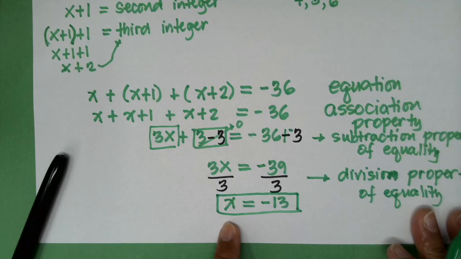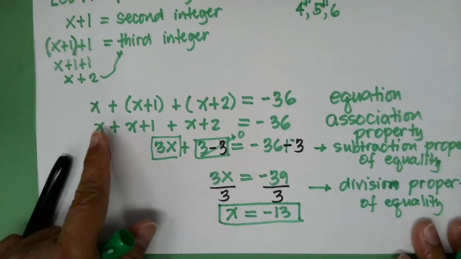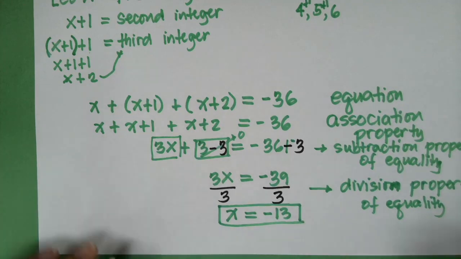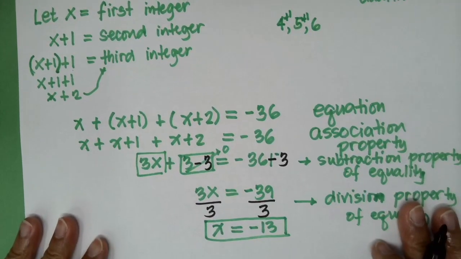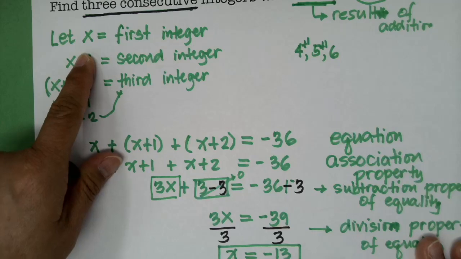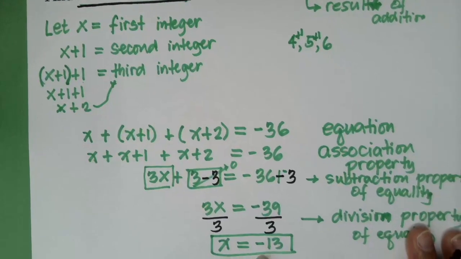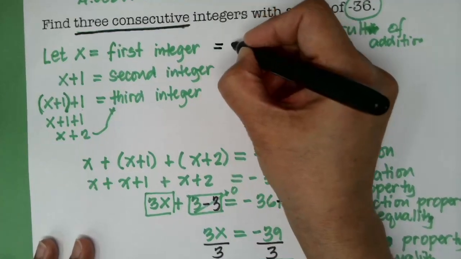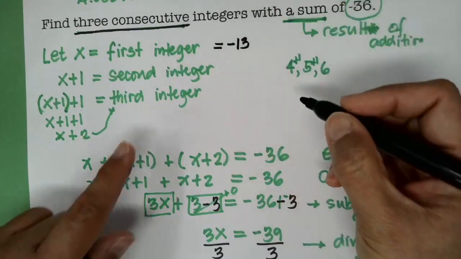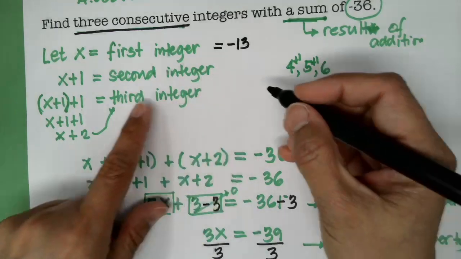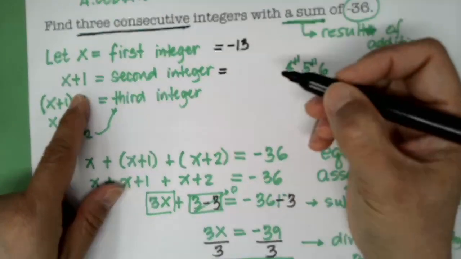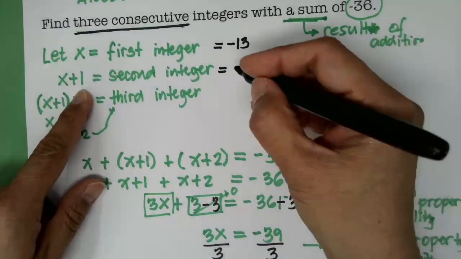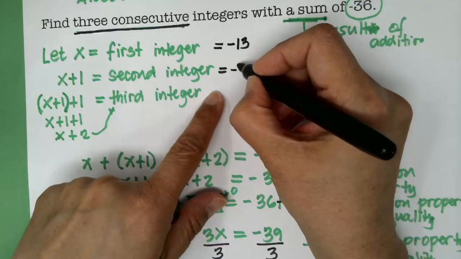Now, that is x. So let's go back to our representation. What does x represent? From our definition of the variable, we let x be the first integer. So the first integer here is negative 13. So if the first integer is negative 13, what's the second integer? The second integer is represented as x plus 1, but x is negative 13.